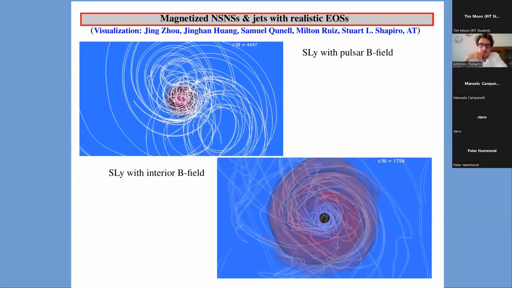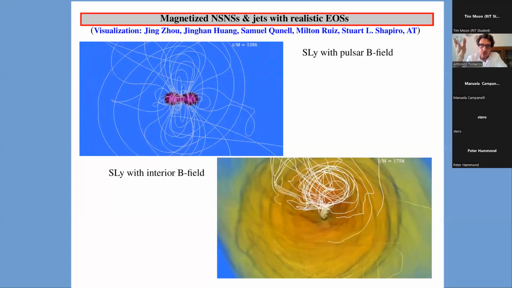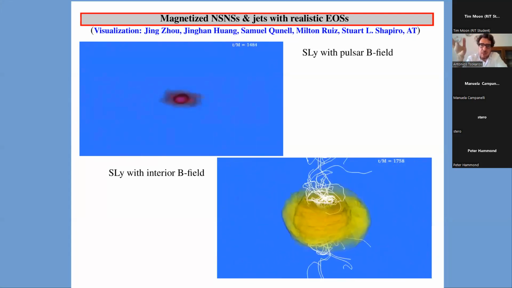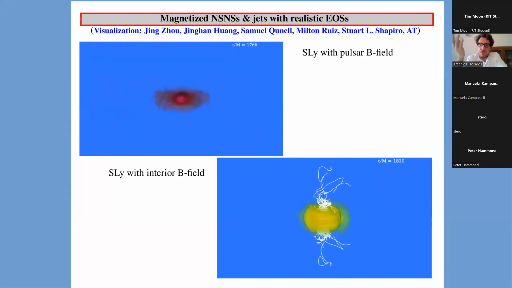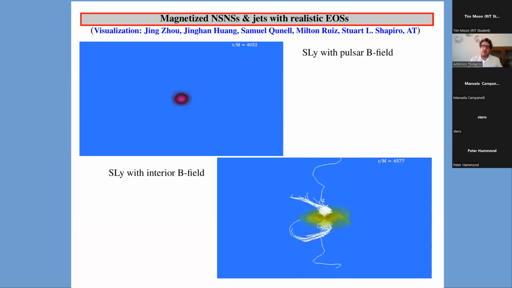So here is the magnetic field again back. The black hole forms, but when you have the black hole and the disk, there is no organized magnetic field yet. So you have to wait up until 400 or 500 M, much longer than when you have a pulsar-type magnetic field, in order for this magnetic field to organize in this jet-like structure and have a force-free parameter above the black hole poles that are around 100 or more.